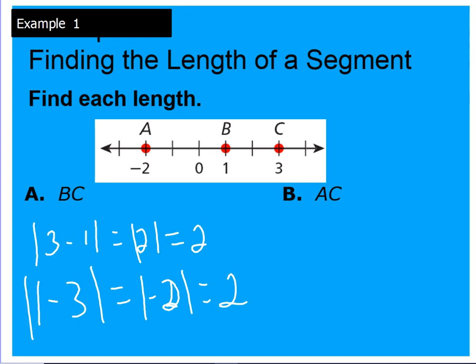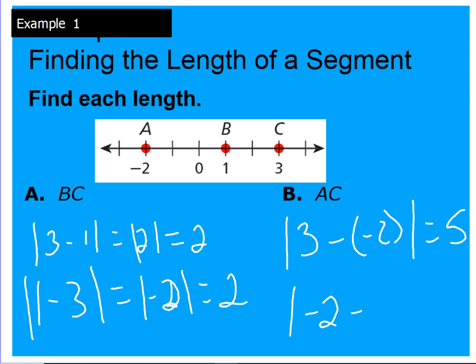Same thing for AC. From A to C, I have an absolute value of 3 minus a negative 2, which is really a positive 5. If I went in reverse order, negative 2 minus 3 is negative 5, and the absolute value is also 5. So that's what we talk about when we're referring to the distance of a particular segment.